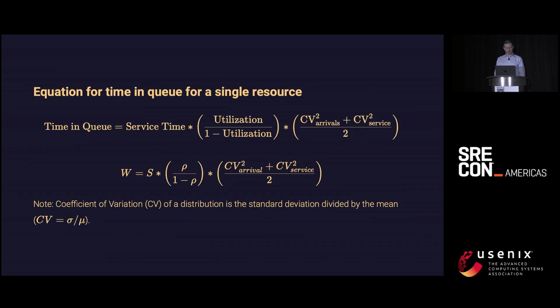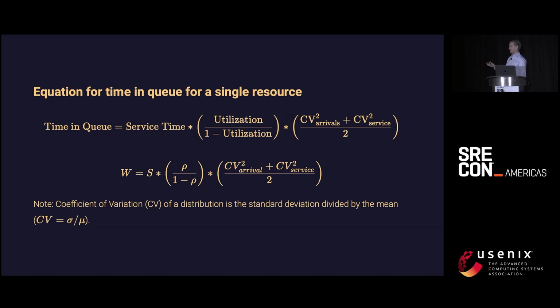Trigger warning for equations. So for a single server, single resource, the time in the queue is a multiple of the service time by the utilization over 1 minus utilization, which is the idle time, multiplied by this nasty thing on the right side. So CV is the coefficient of variation.